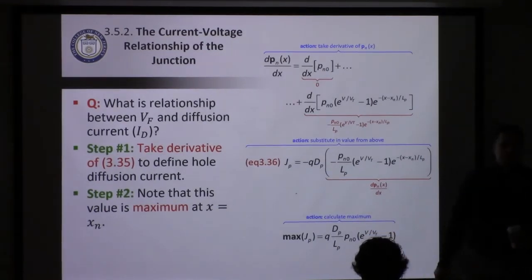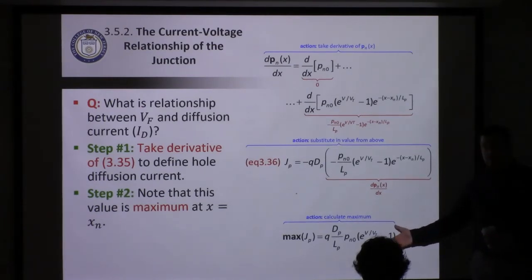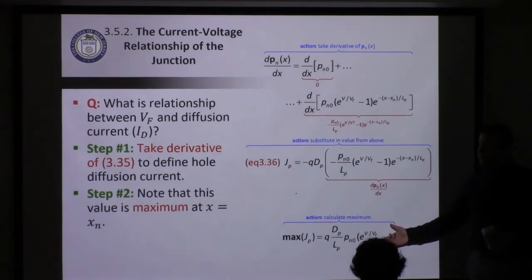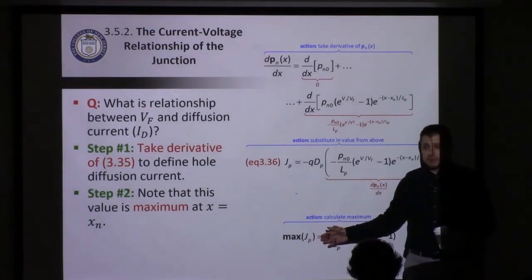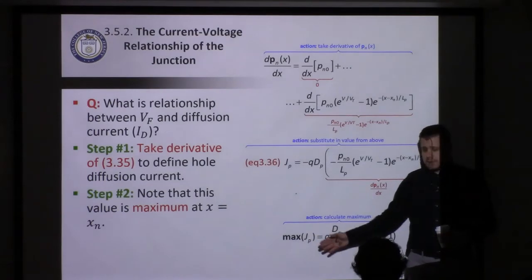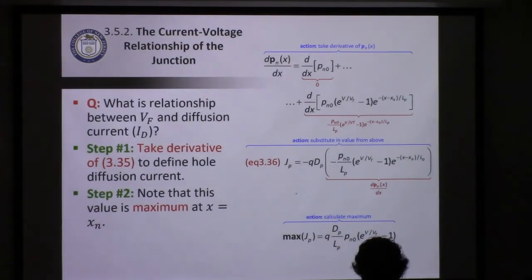And this voltage is where you're going to substitute in your VF. All right, so this is good. This is the equation that we have been looking for: the relationship between current density, which we can multiply by the cross-sectional area to give us current, and the forward bias voltage itself.